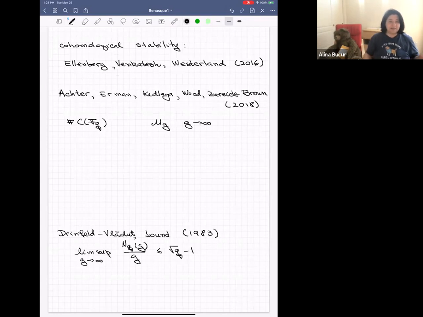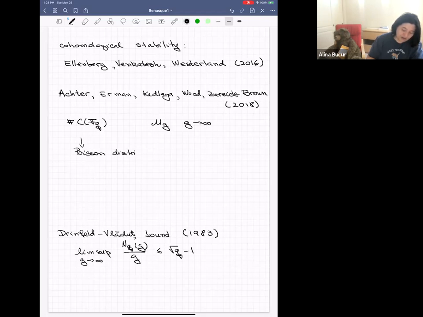And whenever you see that many authors, you know it's a paper from AIM. They look at the number of points on a curve C where C just varies over M_g, the whole moduli space of curves of genus g, as g goes to infinity. And what they get is a Poisson distribution.